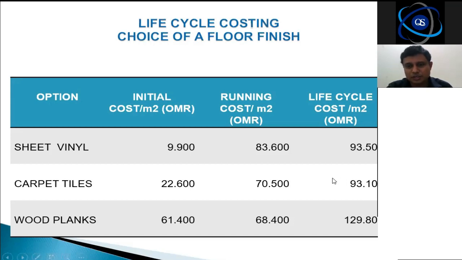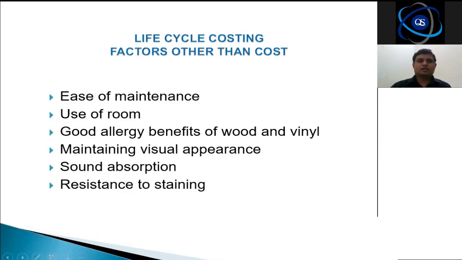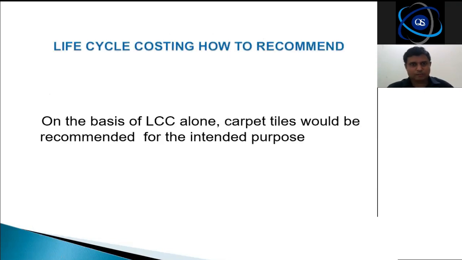Then life cycle costing factors other than cost that you need to think about are maintenance, easy use of room, good allergy benefits, which are health related factors as well, maintaining visual appearance, sound absorption, and resistance to staining.